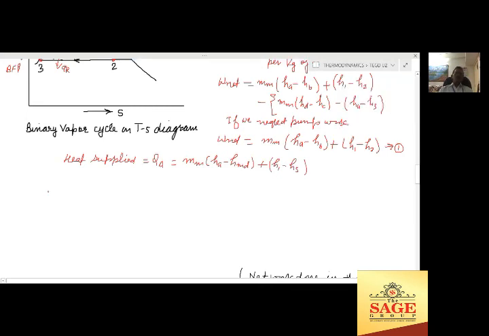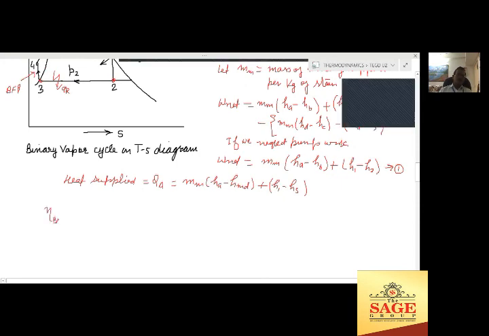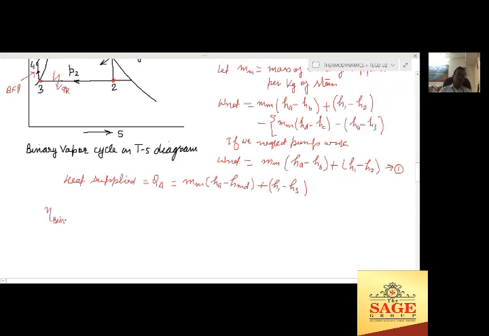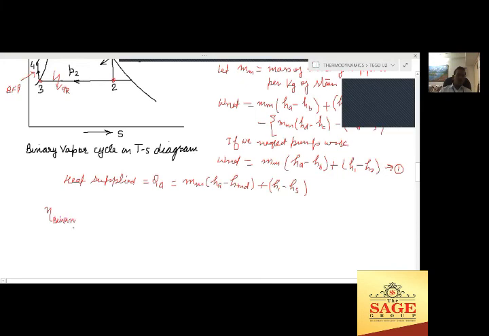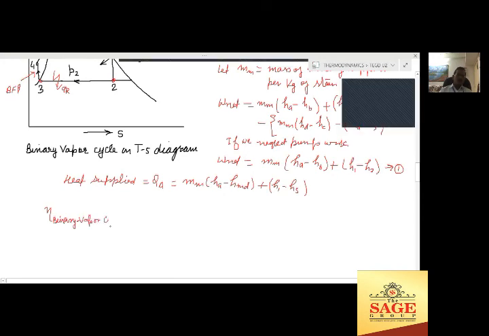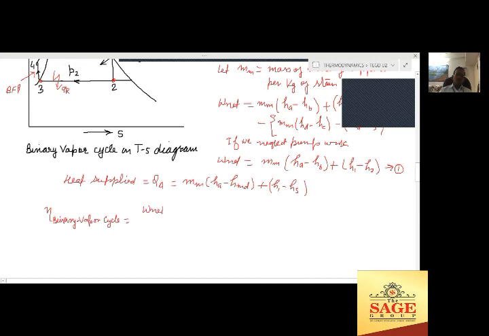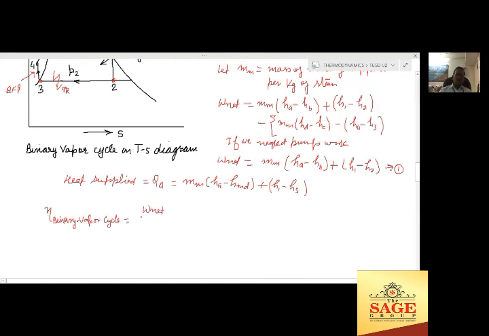Now we can write the expression for the efficiency of the binary vapor cycle. Again, it is W net by the heat supplied, QA.